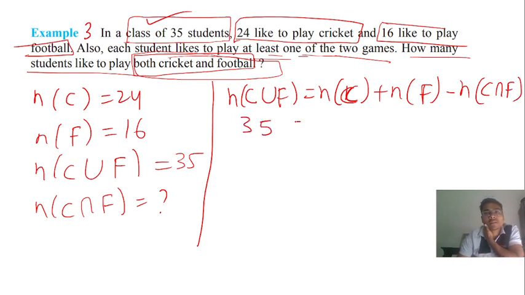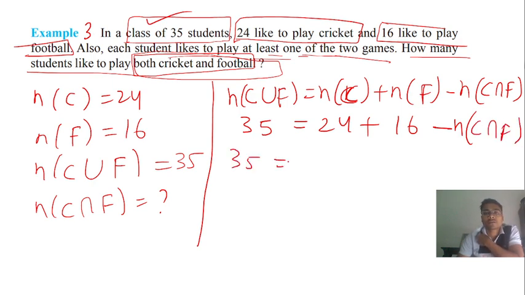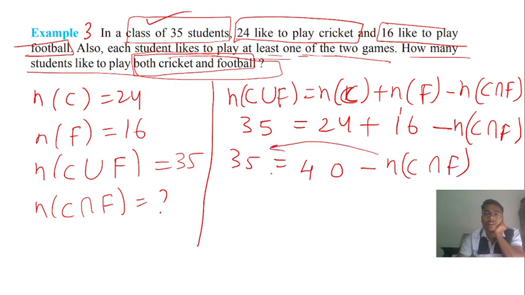Union has 35 students, and they have 24, then 16, and we don't know the intersection part yet. So 35 is equal to 24 plus 16, which is 40. Then we send this negative to that side, so it becomes positive.